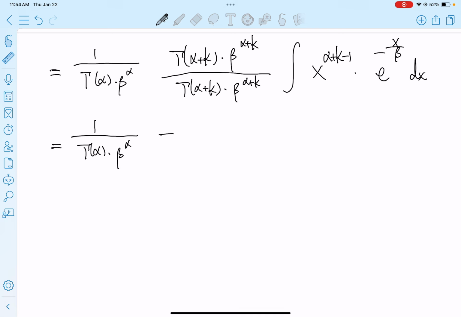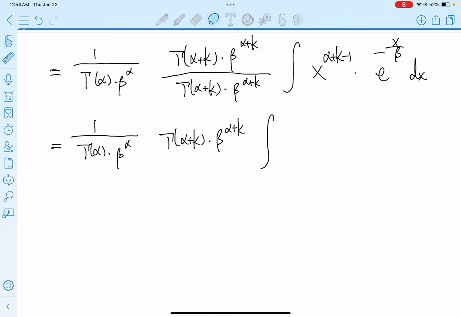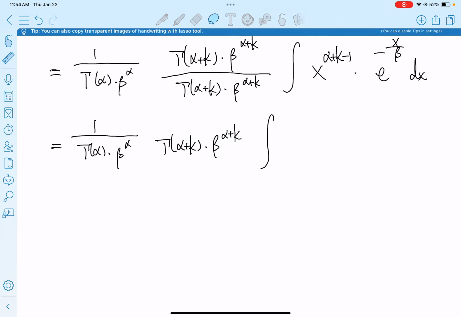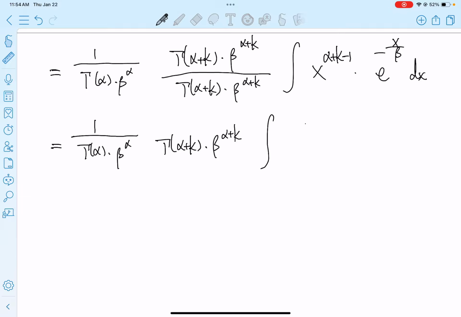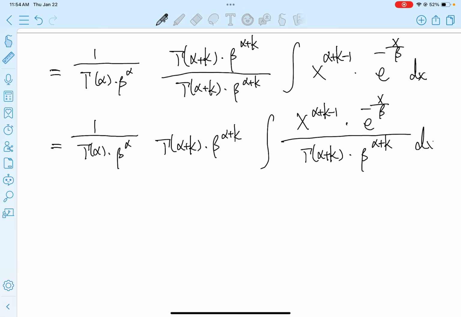And now let's keep the numerator of this fraction outside, but now bring the denominator into the integral. So we have x to the power of alpha plus k minus 1, and then e to the power of negative x over beta, divided by gamma of alpha plus k, and then beta raised to the power of alpha plus k, dx.